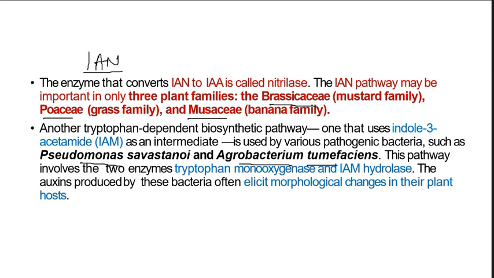Now, if I go to the TAM pathway, the tryptamine pathway, what we see is that the first two steps are reversed. I have to write again. In the IPA pathway, first was deamination, second was decarboxylation, third is dehydrogenation.